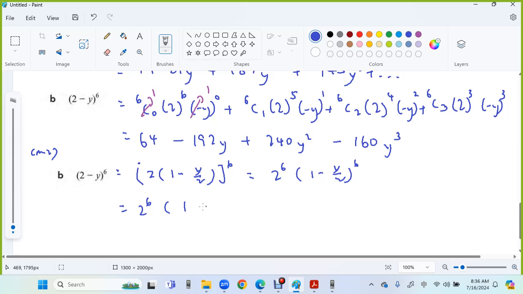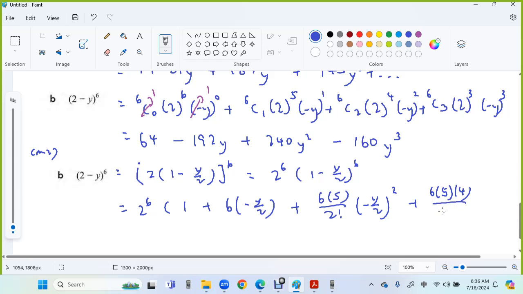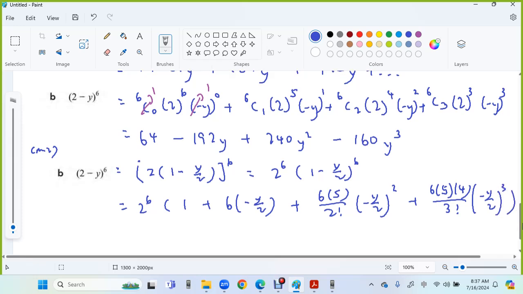Then we have 1 plus 6 times negative y over 2, plus 6 times 5 over 2 factorial times (negative y over 2) squared, plus 6, 5, 4 over 3 factorial times (negative y over 2) cubed.